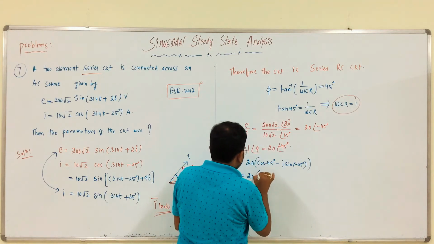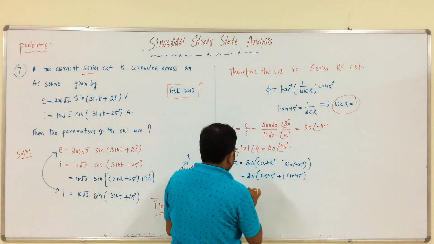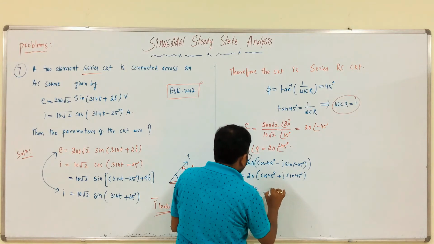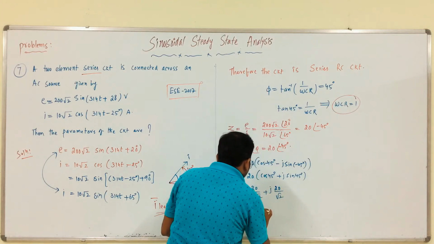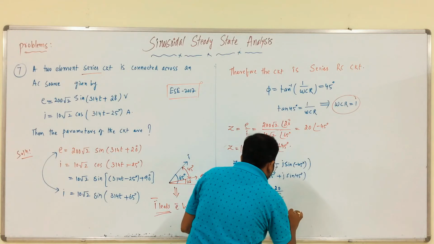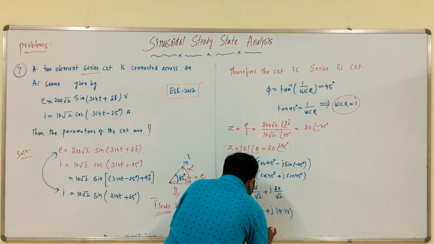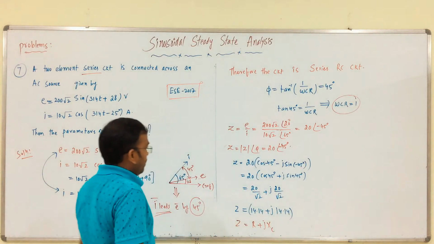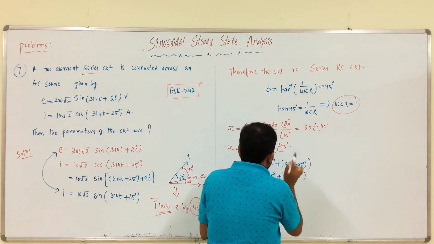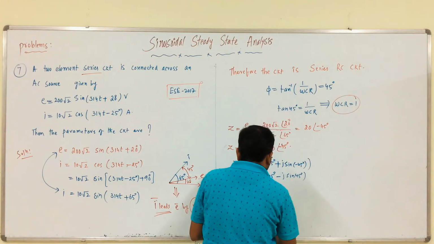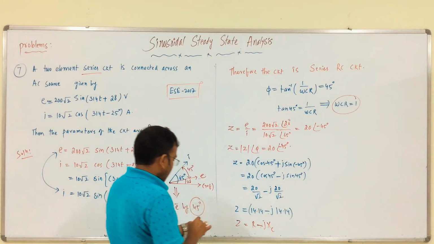From this, 20 cos 45 plus j sin 45, that is, 20 by root 2 plus j 20 by root 2, which is equal to 14.14 plus j 14.14. This is Z. Z is equal to R minus jXC.